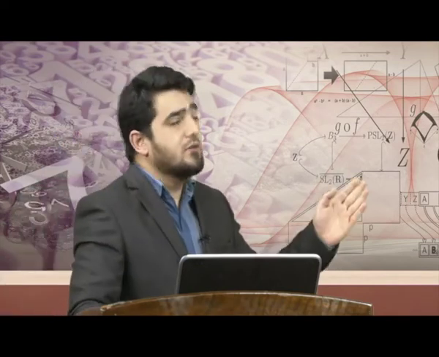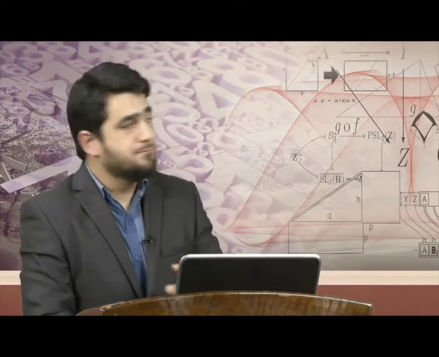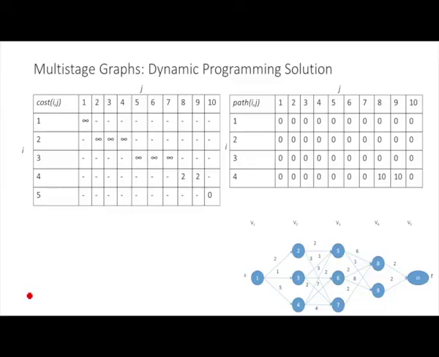But for the time being, we'll mainly be concerned with the cost array, which will help us estimate the final minimal cost. The rows represent the different stages and the columns represent the nodes. The same applies for the path as well.